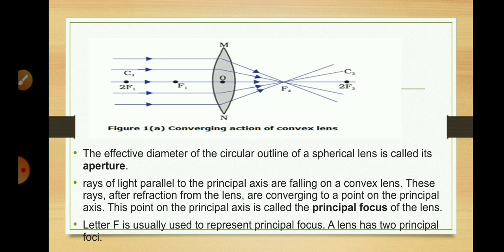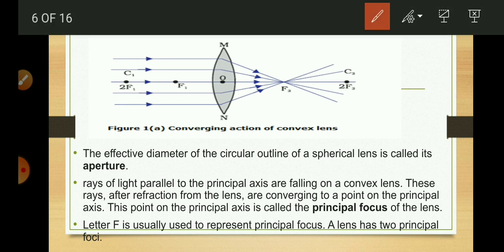Principal focus. Rays of light parallel to the principal axis are falling on a convex lens. These rays, after refraction from the lens, are converging to a point on the principal axis, and this point is called the principal focus of the lens.